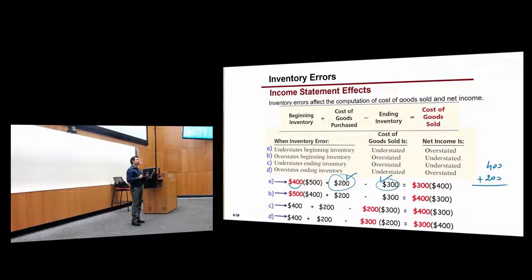So beginning inventory plus purchases will give you cost of goods available for sale. Right? Subtract from that the ending inventory. In this case, this is not related. This is another count. This error here was the count from last year.